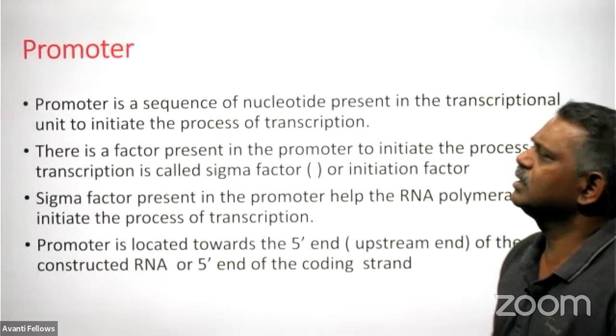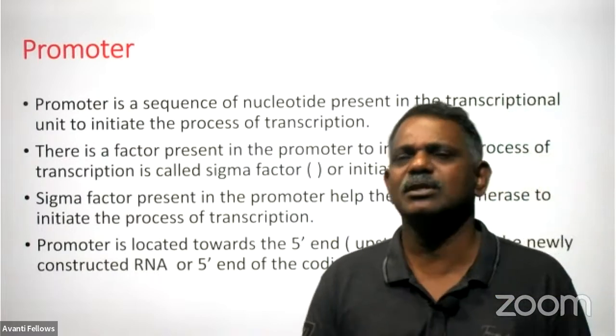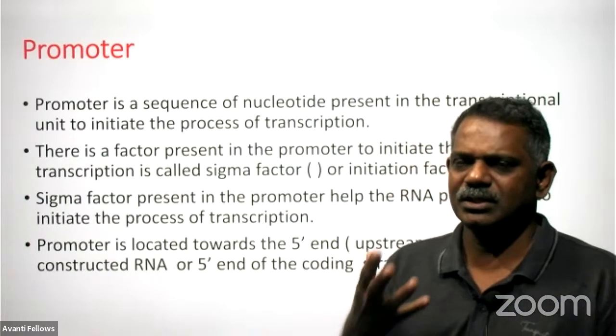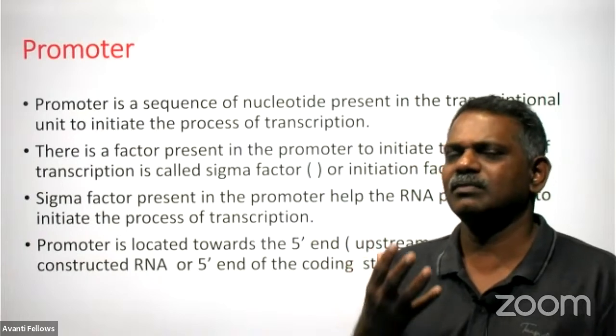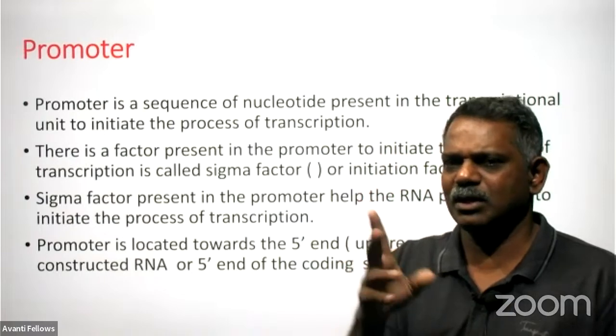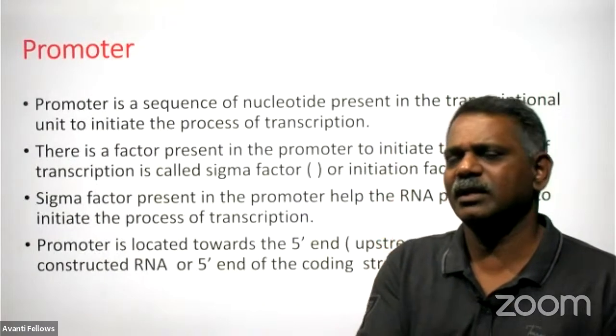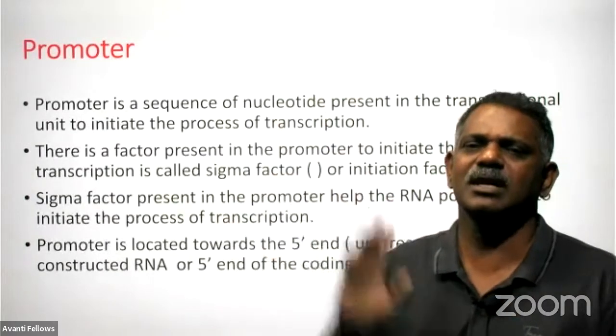And the first one is the promoter. What is the role of the promoter in transcription? It is to just initiate the process of transcription by considering one strand as a master strand. Which strand of the DNA is acting as a master strand? That is the 3' 5' strand only.